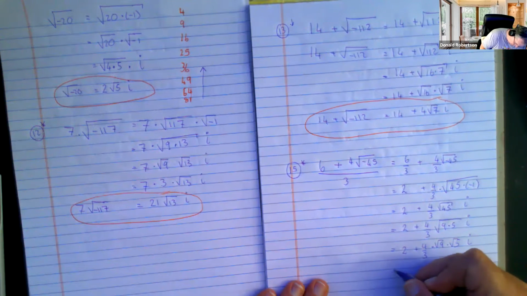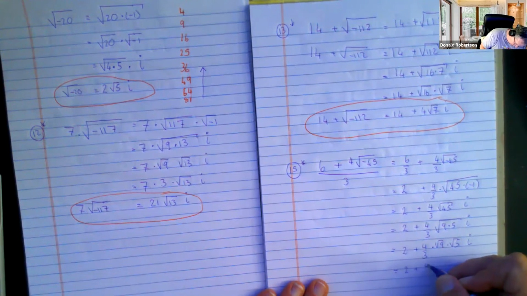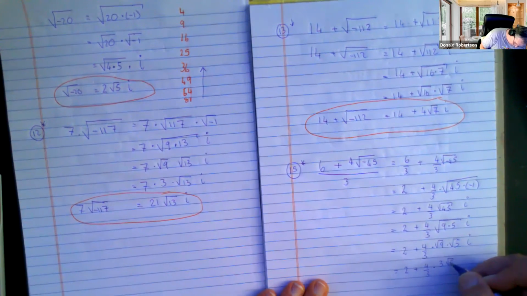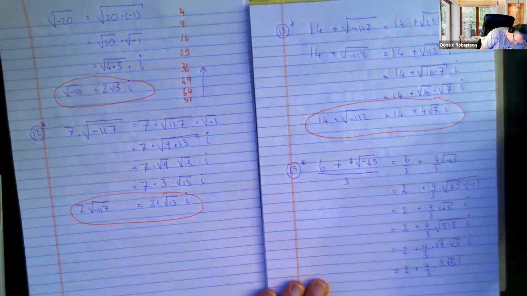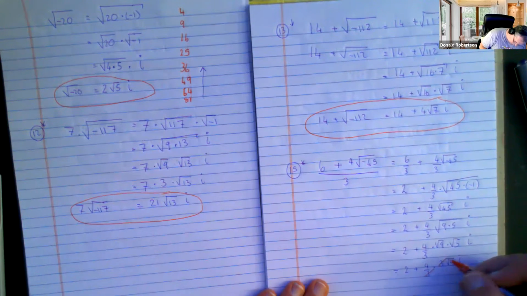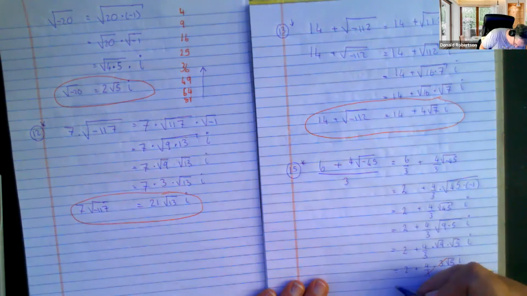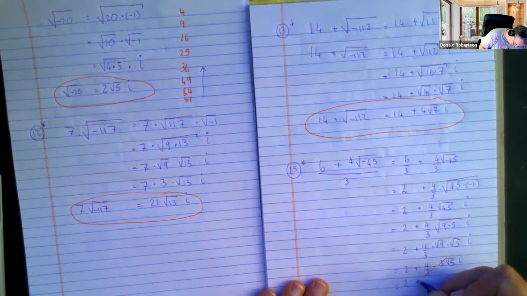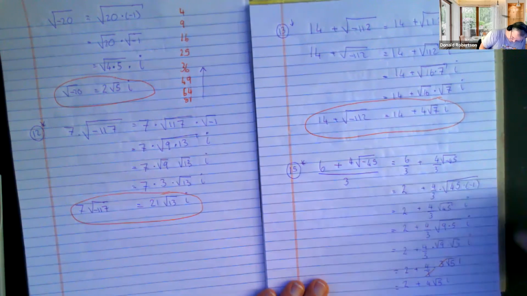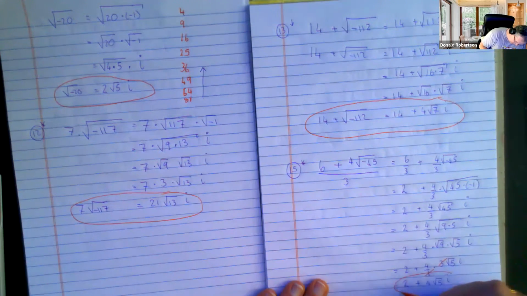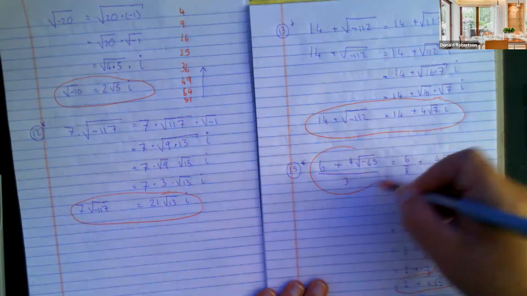And that becomes 4/3 times 3 square root of 5, i. These cancel. We get our final answer, which is 2 plus 4 square root of 5i. That is a simplified version of that.